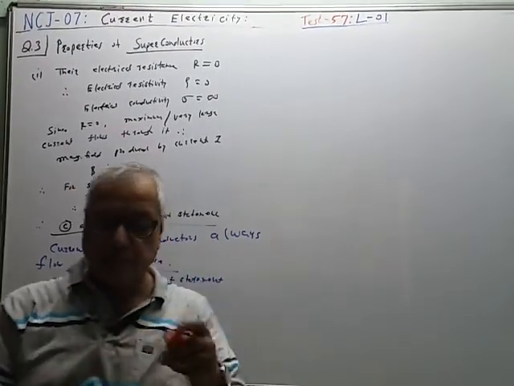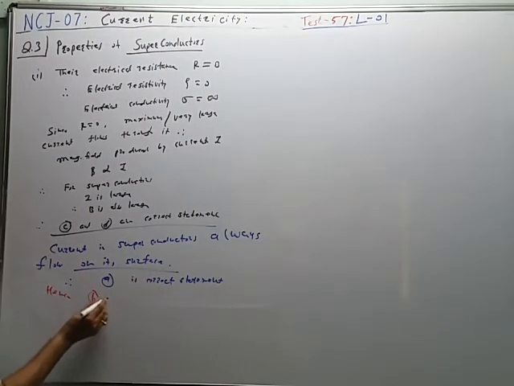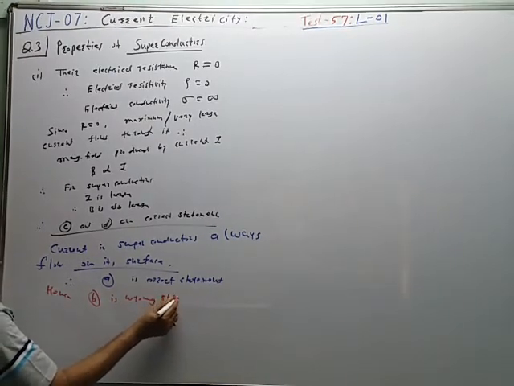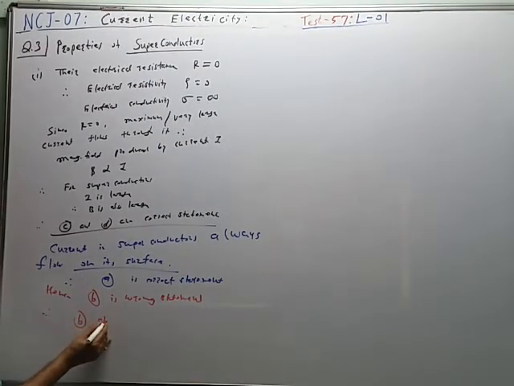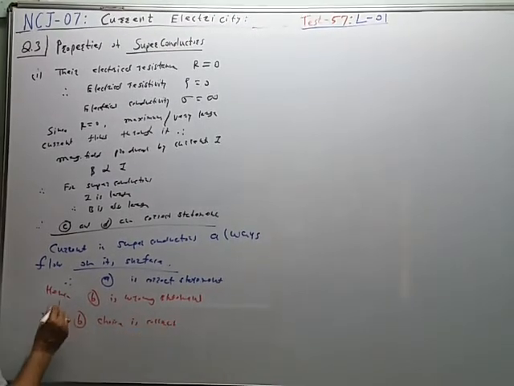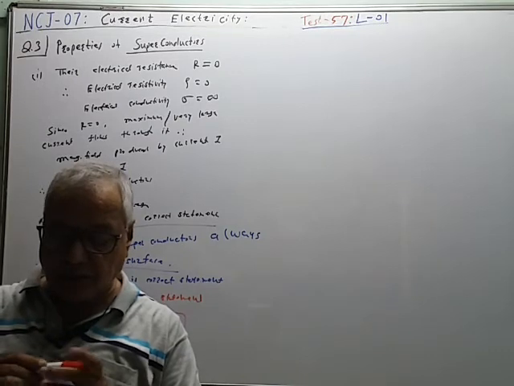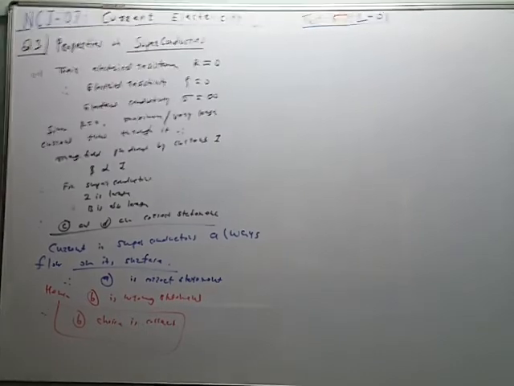And hence B is the wrong statement. Therefore, B choice is the correct one. आपल्याला wrong statement select करायचे. So B choice is the correct. Correct choice of question 3 is B, like this.